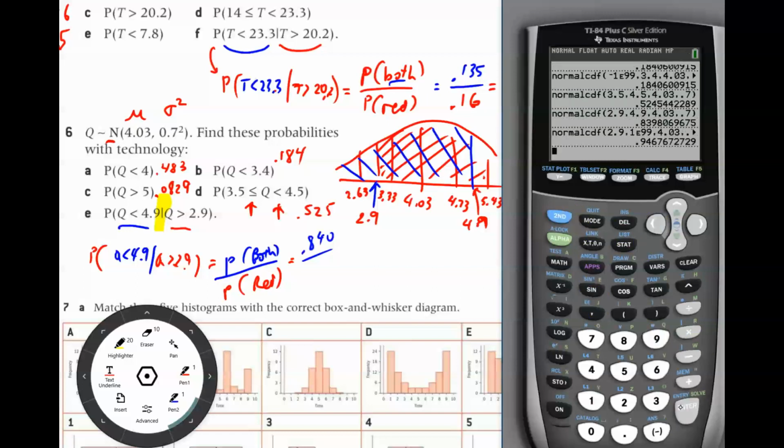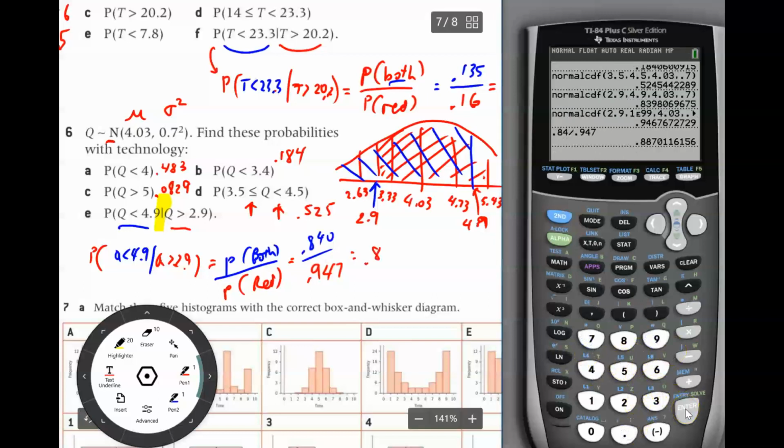And the answer is 0.947 is the bottom. And then the proportion divided out would be 0.84 divided by 0.947. So the answer would be 0.887. Okay? All right.